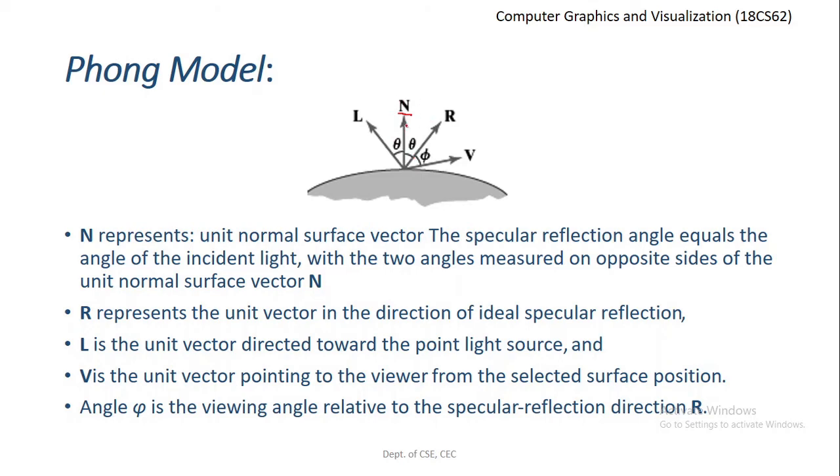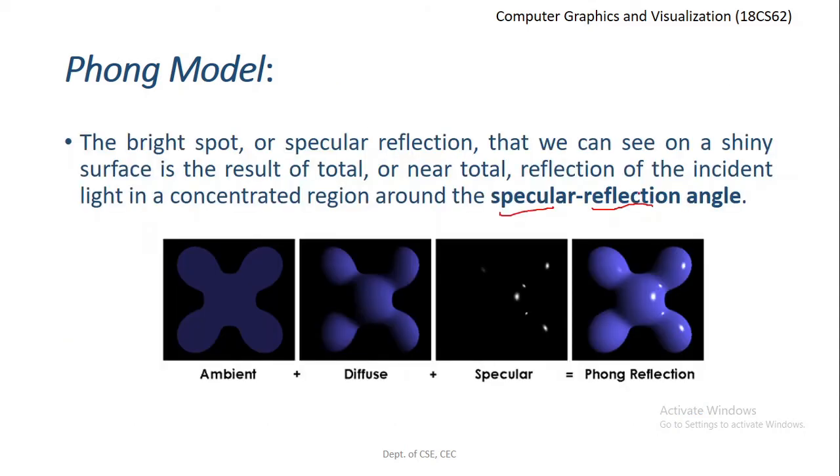The angle between the vector n and the specular reflection direction is theta, which is also equal to the angle between the surface normal vector n and the unit vector in the direction of the point light source. So this theta is called the specular reflection angle, which we discussed earlier, right?